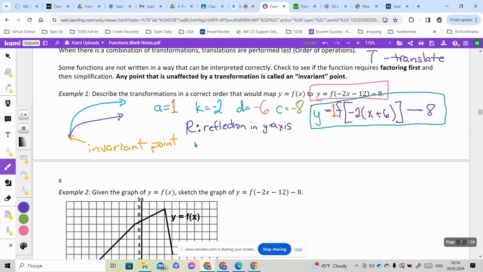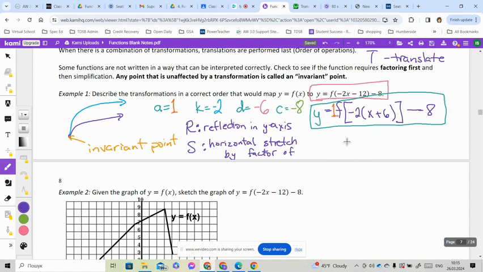Then we move on to the S, and that is a stretch. When I say stretch, I mean, is there a stretch or a compression? There are two ways to write this. You can say a horizontal stretch by a factor of... Does anyone remember how we find it?